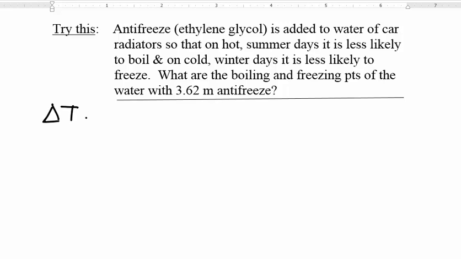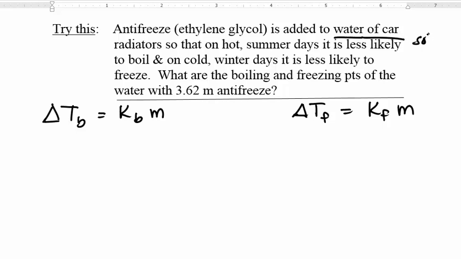So the boiling point elevation is given by this expression, and the freezing point depression is given by a very similar expression. We know that the solvent is water, and the solute is ethylene glycol, and we know its concentration. So that'll be your molal.